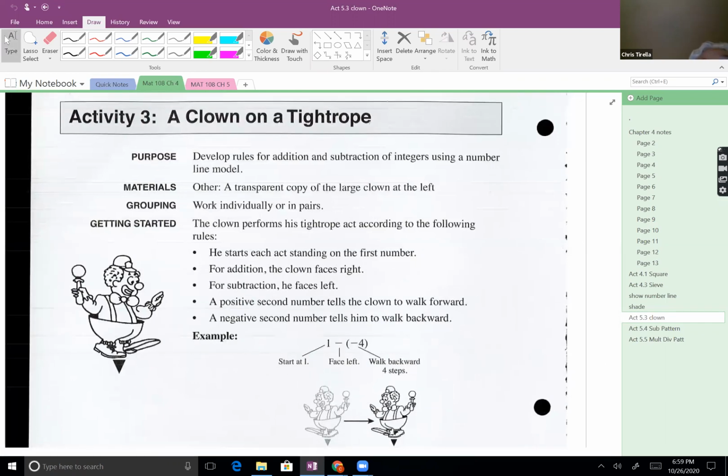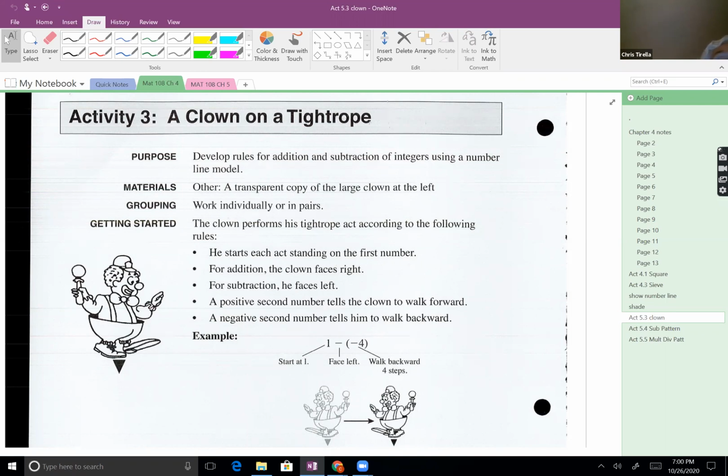This activity 3 in chapter 5 works with a clown on a tightrope, and I think it's great fun. If we were on campus, I would have made a transparent clown for everybody to have their own. But because we don't have that, we're going to have to wing it a little bit.